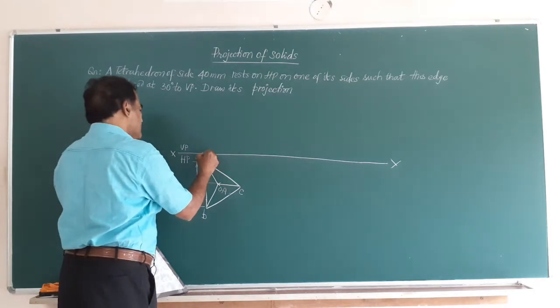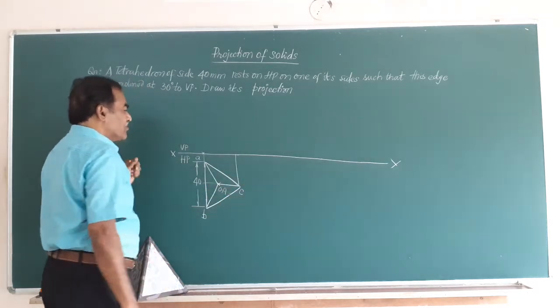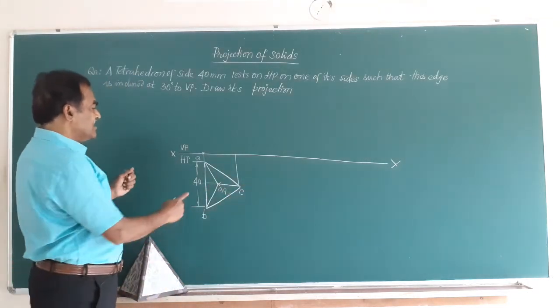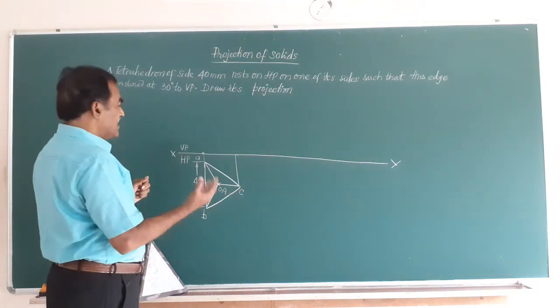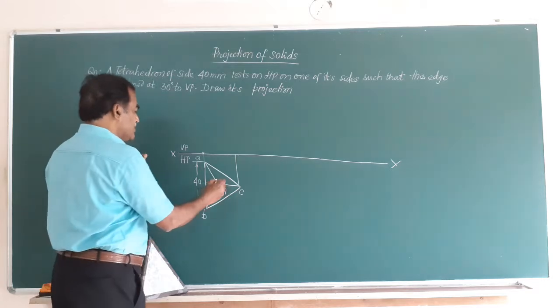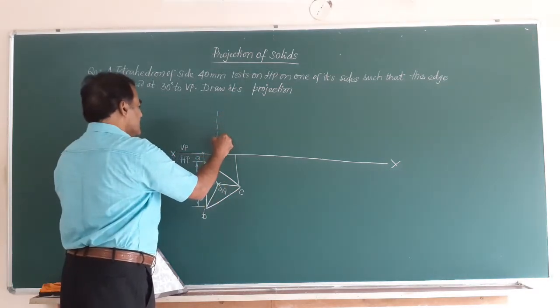Friends, obtain the corresponding front view. That is going to be a triangle, I have shown you practically. So, how to obtain this, friends? Here you can see this OC edge is now parallel to VP, and hence through this I am going to draw the axis or a line.